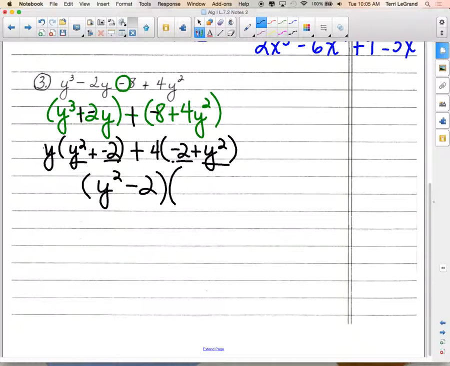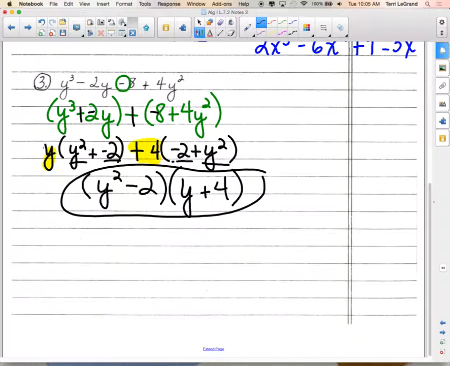And 4 plus 2 does not mean the same as 4 times 2. So, what's the other factor? y plus 4, the one that's left out there. y plus 4, okay? Do your multiplication problem. This is our answer, we say. And now we multiply it out. In other words, do a check problem.